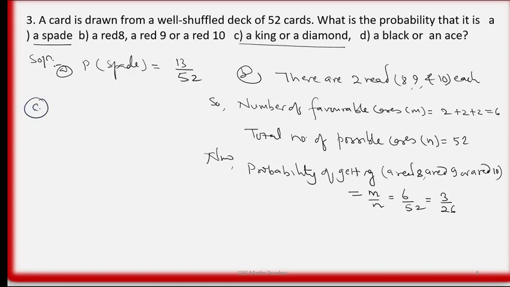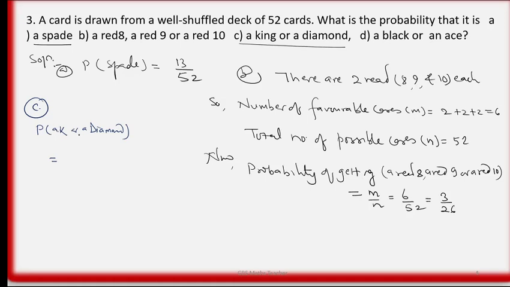C number question, dear students, a king or a diamond? Probability of getting, shortcut way, a king or a diamond equals: the king of diamonds is also a king, that is a dependent case.